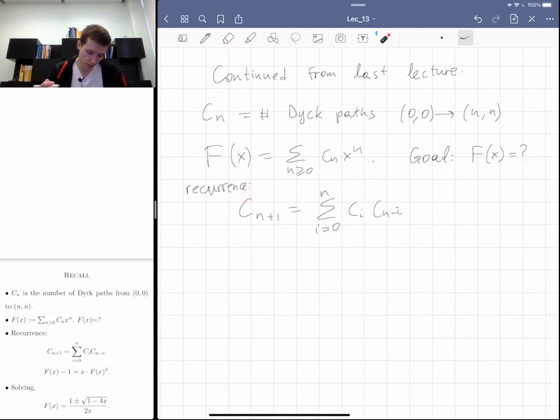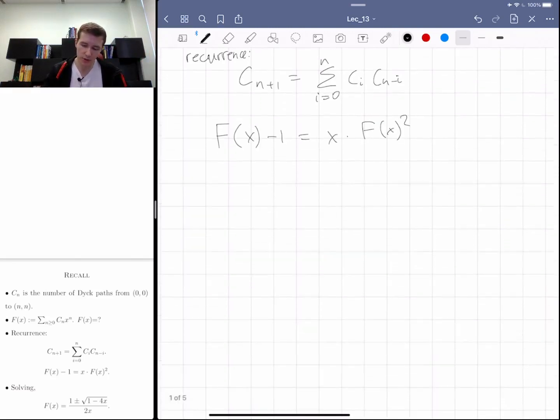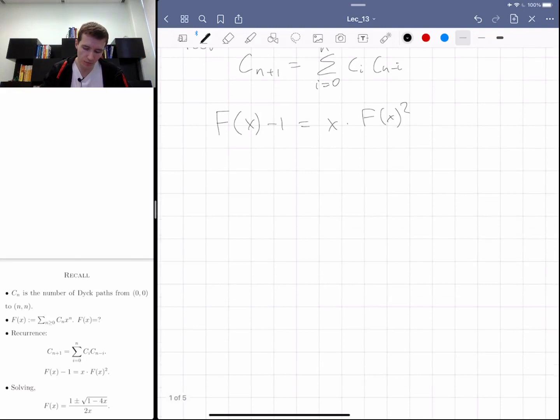You get a relation for the generating function, of the form f of x minus 1 is equal to x times f of x squared. I solved the corresponding quadratic equation for f of x, and I got this weird formula: 1 plus or minus the square root of 1 minus 4x, divided by 2x.